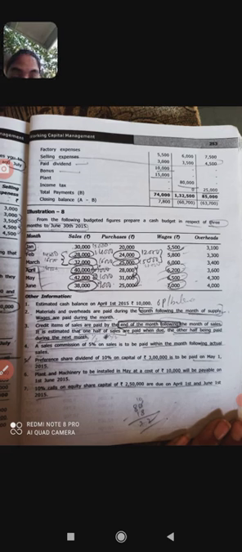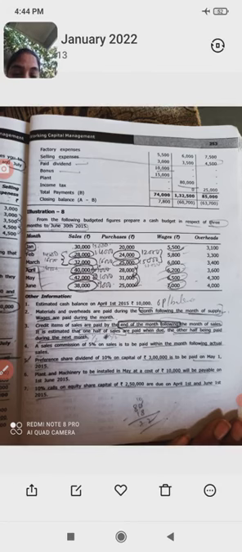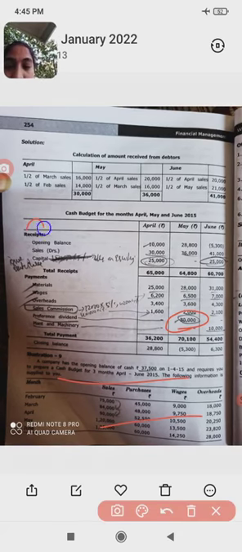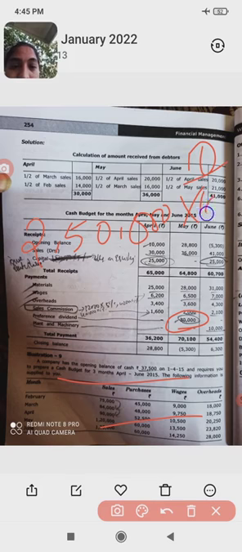The company issues shares, so when issuing the shares we get an amount of 2,50,000 into 10%. So 25,000 in the month of April as well as 25,000 in the month of June. Did you get it? Is it clear, guys?